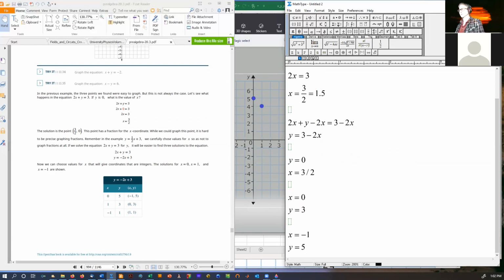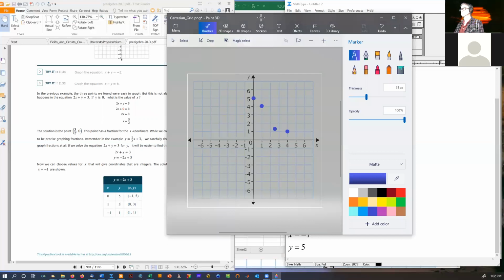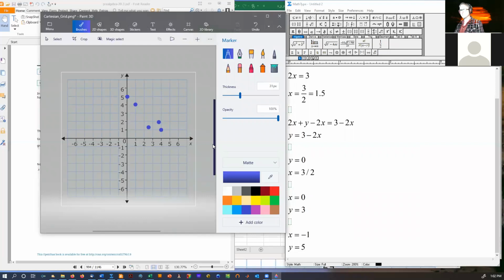And we could see if we did a good job by coming over here and plotting these points. So when y is equal to 0, x is equal to 3/2, so that point is there, 3/2, 0. When y is equal to 3, x is equal to 0. When x is equal to -1, y is equal to 5.